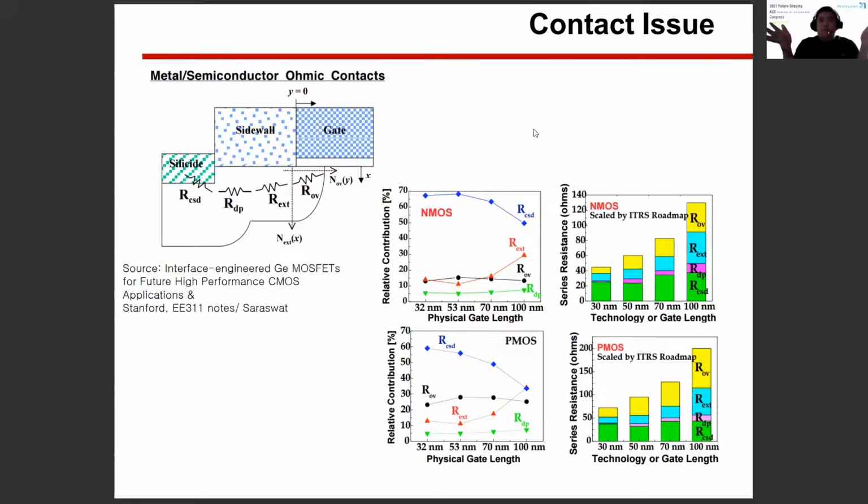If we scale down the devices, the contacts have to be narrowed down because we need to scale down the whole device itself. If we don't scale down the contact and only the channel length is scaled down, we cannot see the total scaling down effect on the devices.